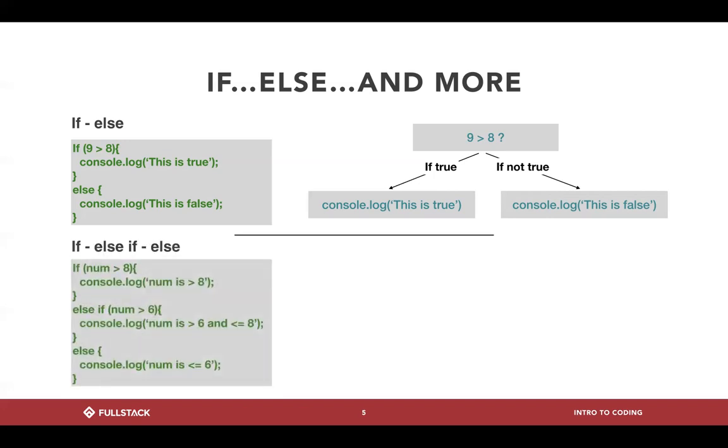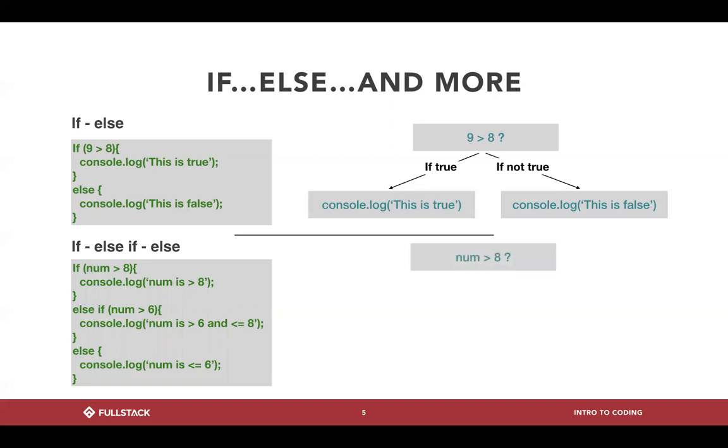We have a third option here besides if and else, which is else if. So it's like providing a backup. It's like providing an additional case, an additional condition that you can attach code to. So in this case, I have a variable num.